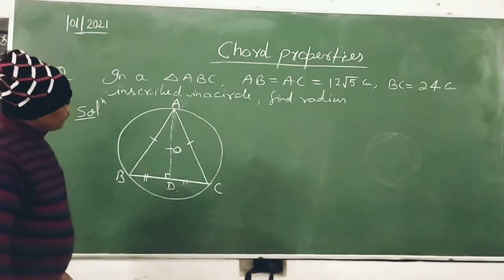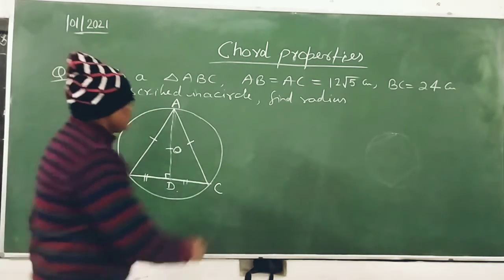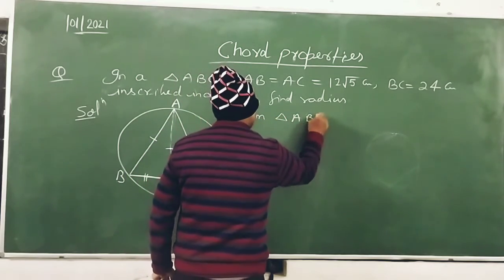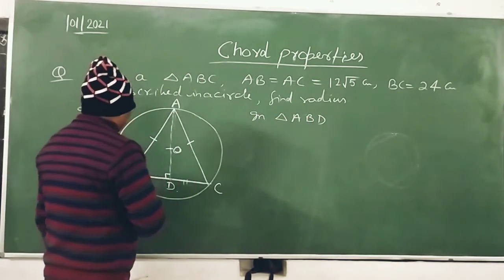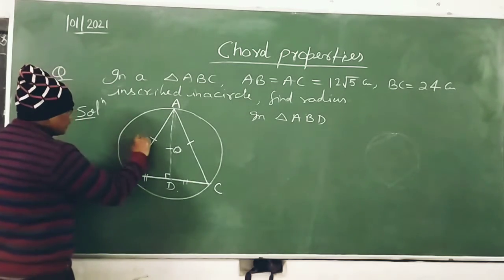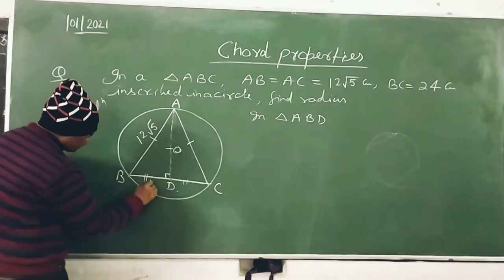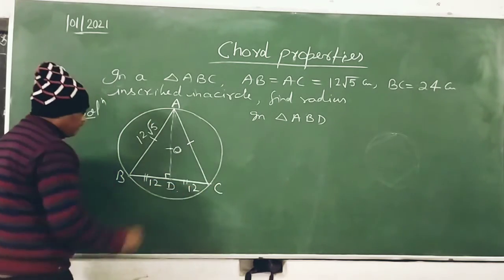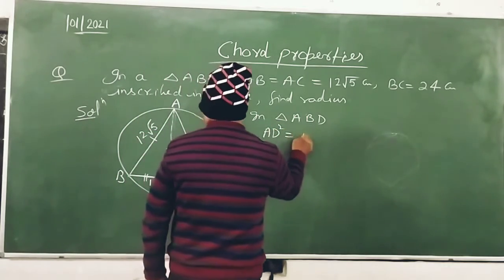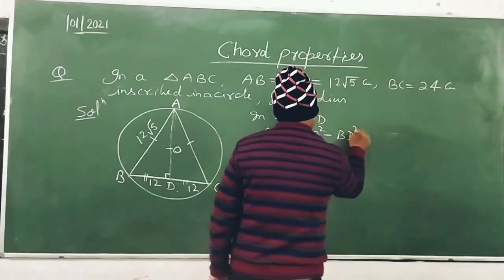Now you find the length of AD. So in the triangle ABD, by using the Pythagoras theorem, AB is 12 root 5. This whole is 24, so this will be 12 and this will be 12. So AD square is equal to AB square minus BD square.